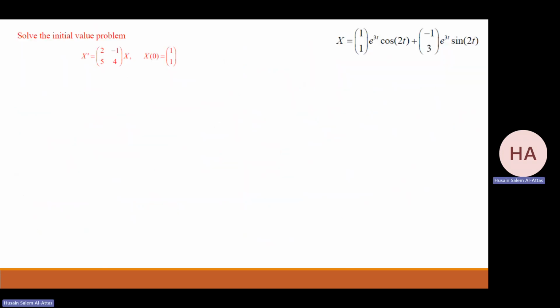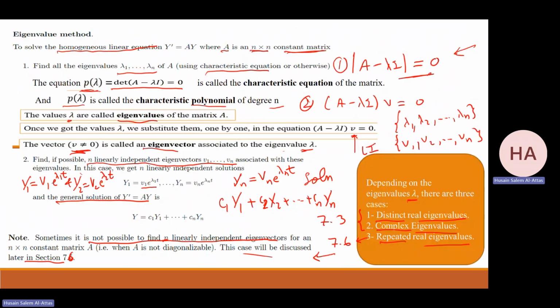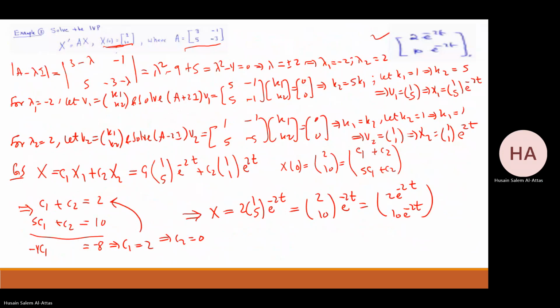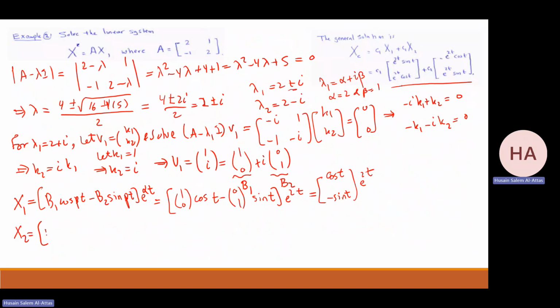Now x2. Just to remind you about the formula, what is x2? I interchange b1 with b2 and change the sign. So it will be b2 instead of b1. I'm doing it in detail: b2 cosine beta t plus b1 sine beta t, e to the alpha t.